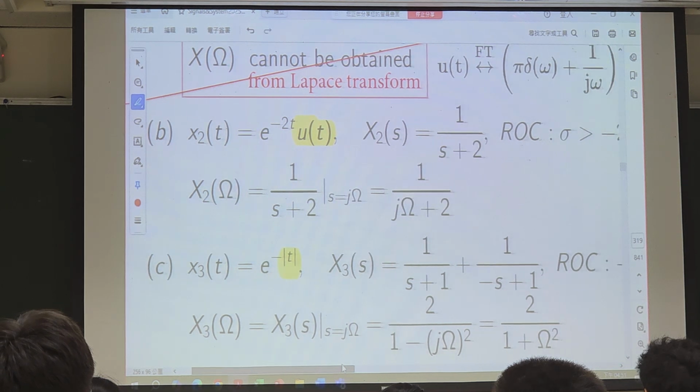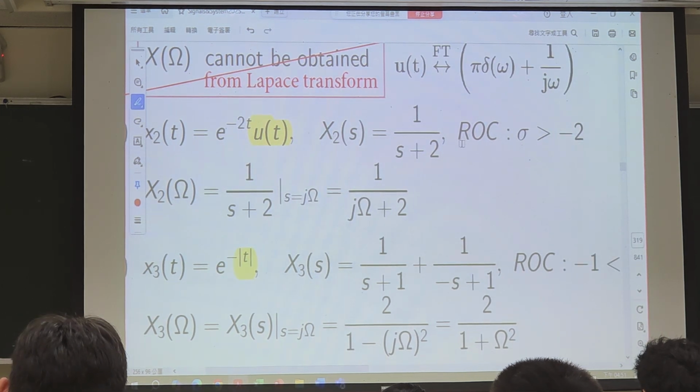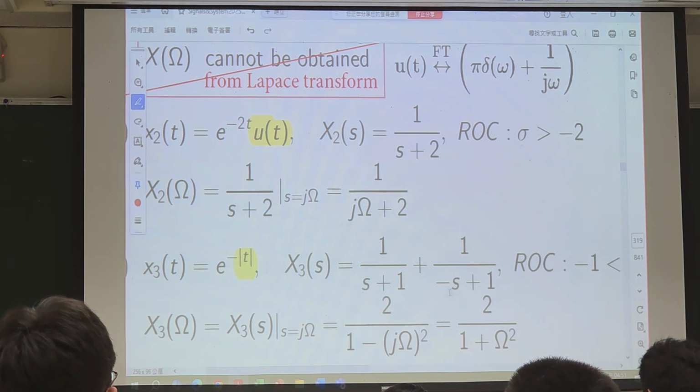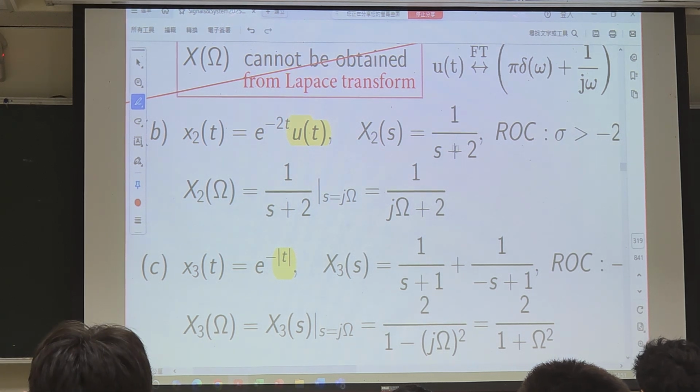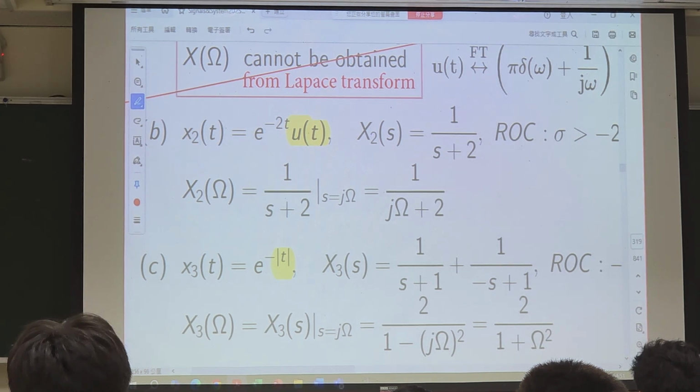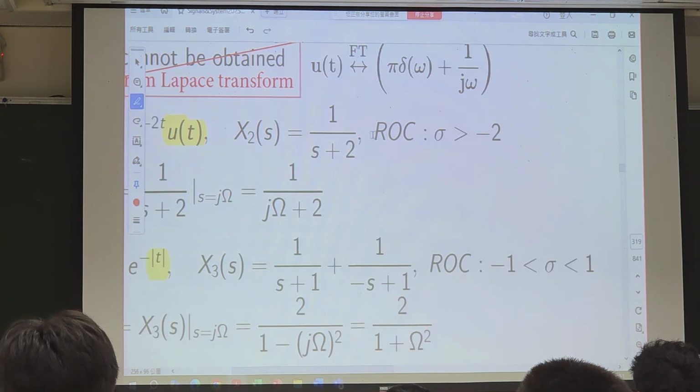Now, what if the region of convergence does include the imaginary axis, like this example here? Suppose the function we are going to derive is e to the negative 2t times the unit step function. The Laplace transform of this function is given by 1 over s plus 2. And we can derive the region of convergence.